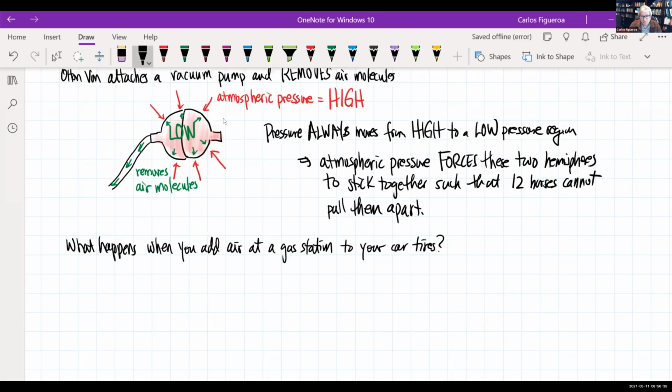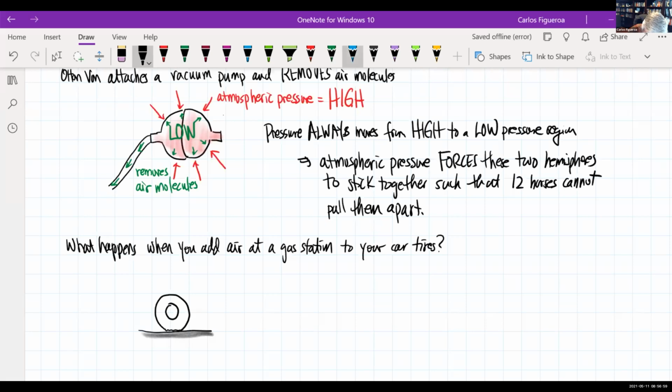What happens when you add it? So what you're really doing here, right? Imagine that this is the ground, and you have a low tire. So if you have a low tire, imagine a tire that looks like this. It's a little bit flat here.